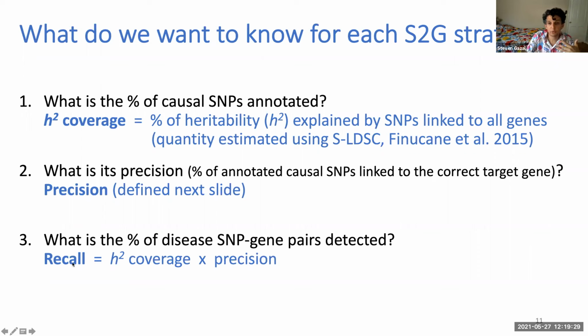This is similar to recall, and it can be estimated by multiplying the heritability coverage and the precision together. So really, what we need to find here is a good way to estimate the precision of a SNP-to-gene strategy.